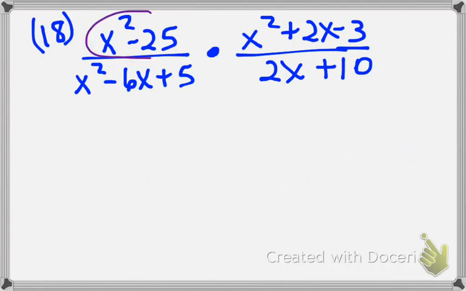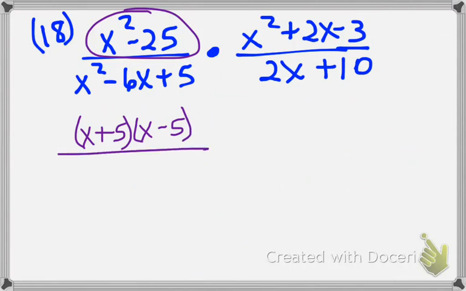So, starting with the top left corner, x squared minus 25, these are both perfect squares. So it's going to become x plus 5 times x minus 5. For this denominator right here, what numbers multiply to give me 5 and add to give me negative 6?